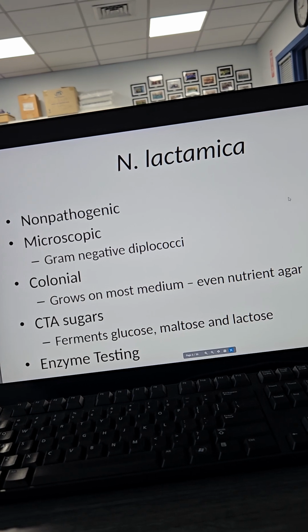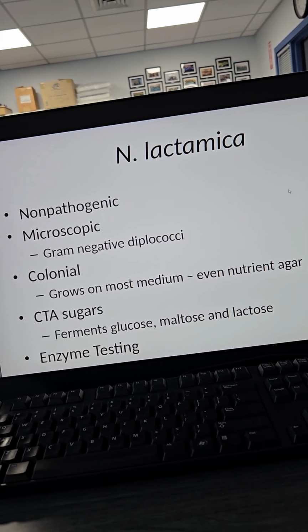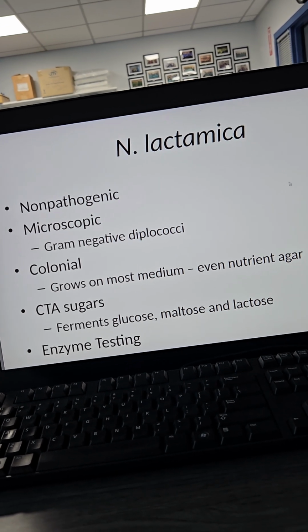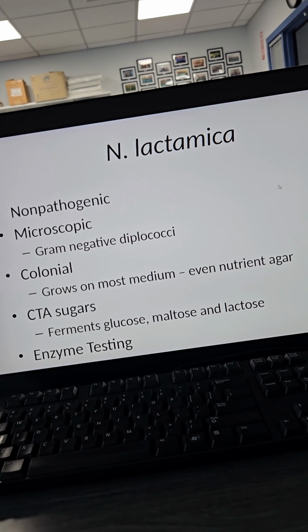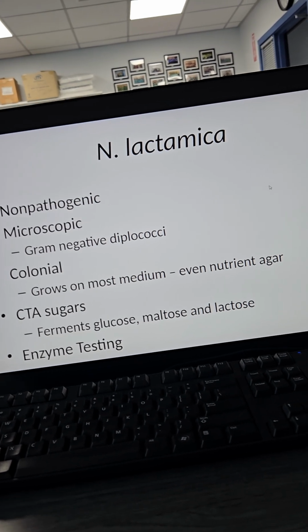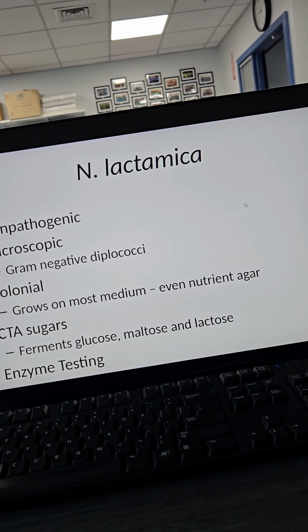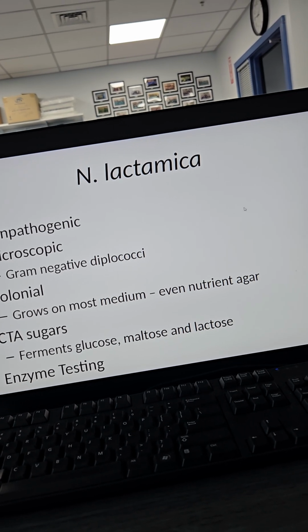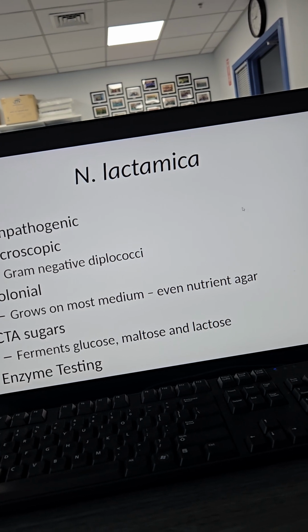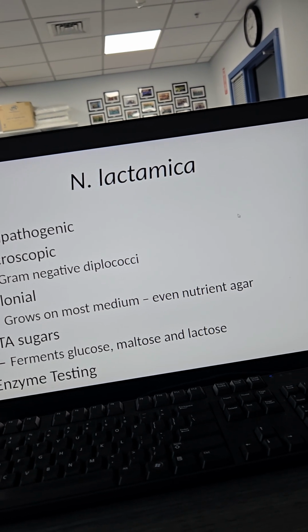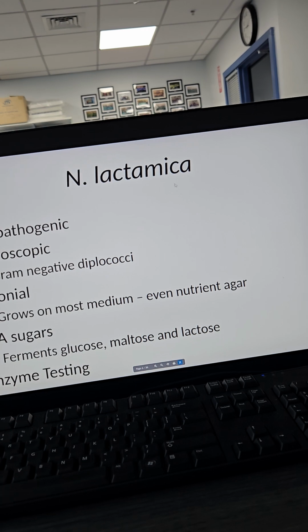Okay. So, Neisseria lactamica is not typically pathogenic, but it is a Neisseria, and you may run into it. It will grow on blood and chocolate. Okay.